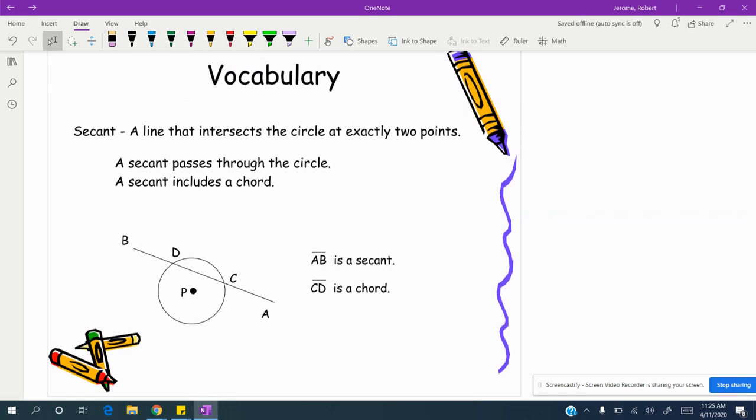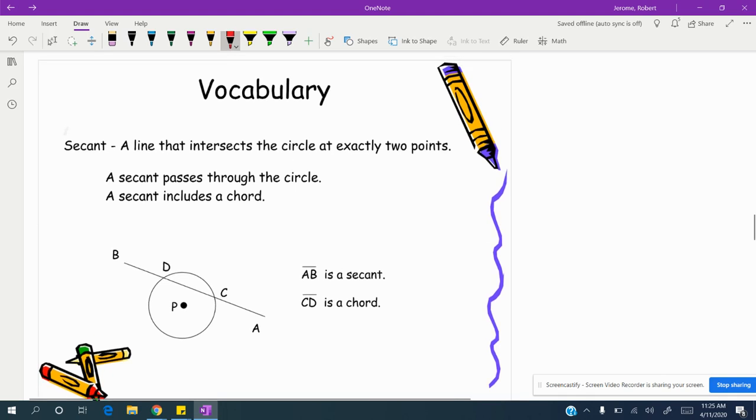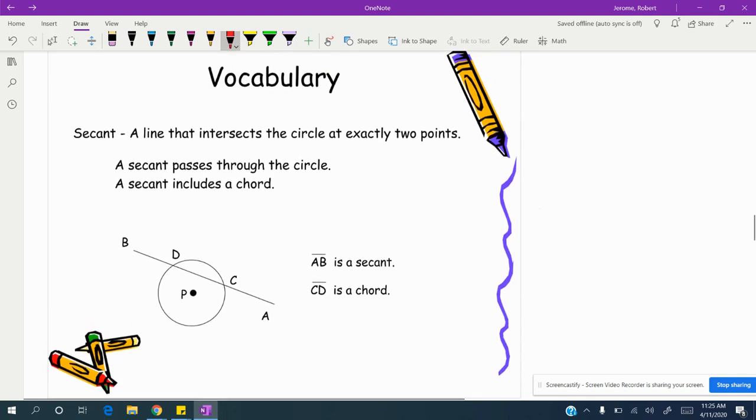Next vocab word we have is a secant. A secant is simply a line that cuts through a circle.